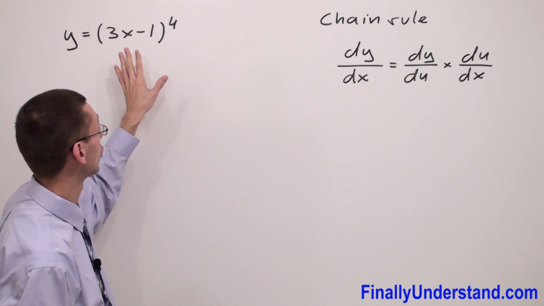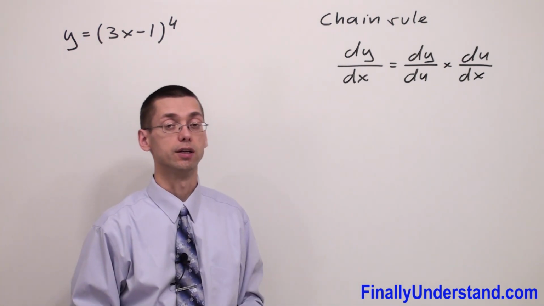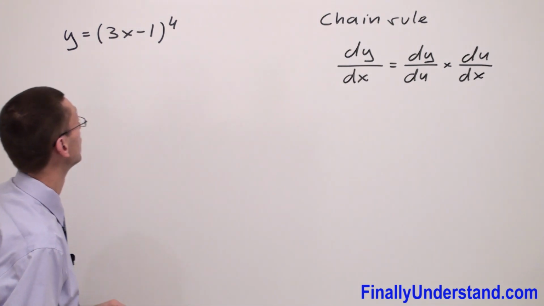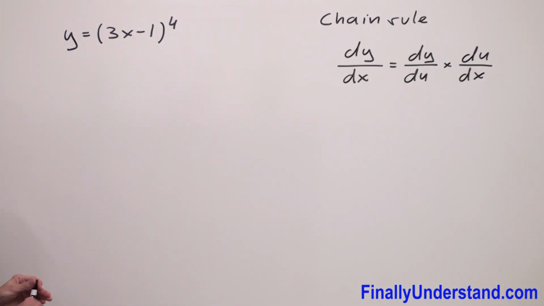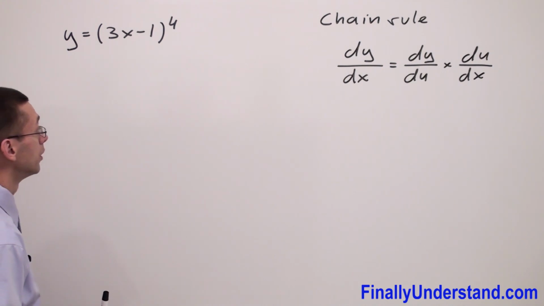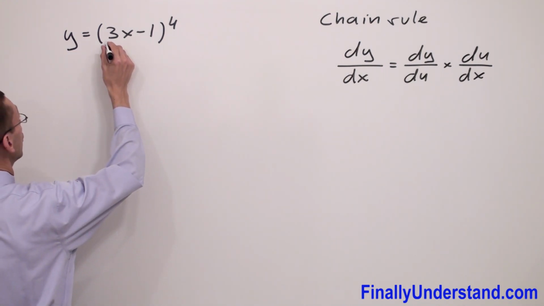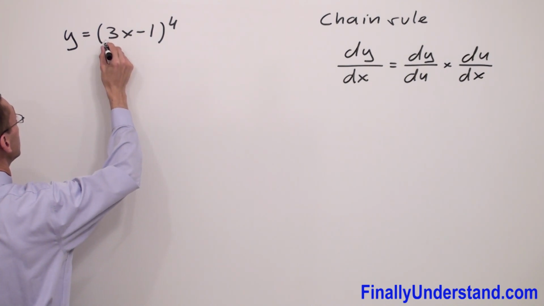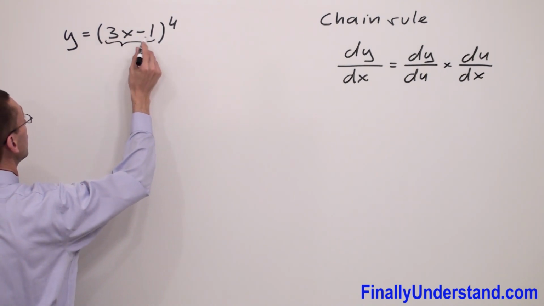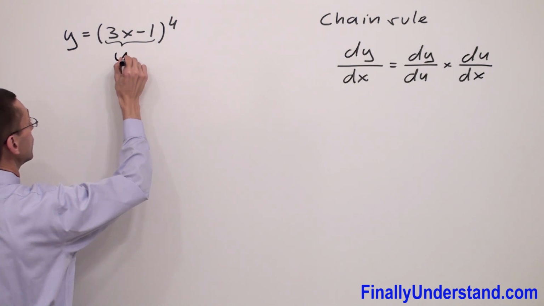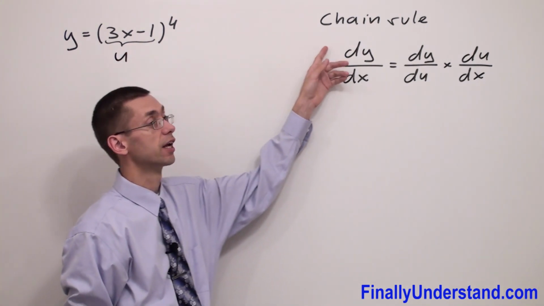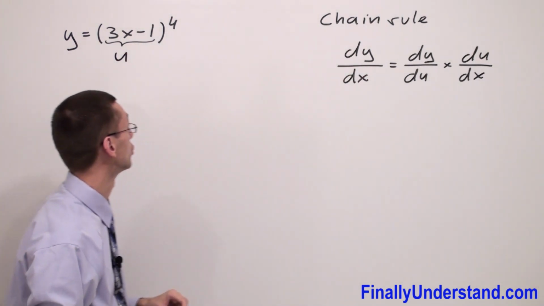In this case, we are going to use the chain rule in order to find the derivative of a function raised to a power. So, what are we supposed to do first? You're supposed to call the content of the parenthesis u, because we are going to use the chain rule. Okay, this is u.